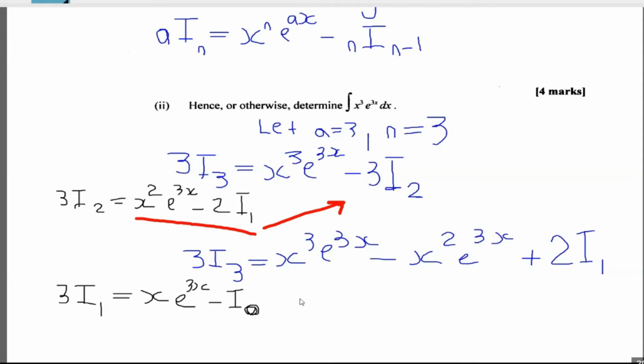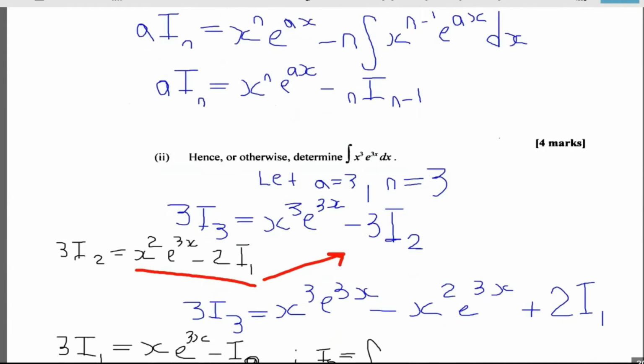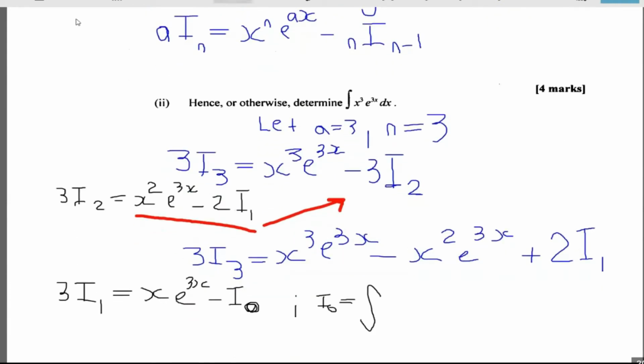But now what is I naught? I naught is when n equals 0. So it's equal to the integral, going back to the original formula, of x to the n, e to the ax dx, but n is 0.